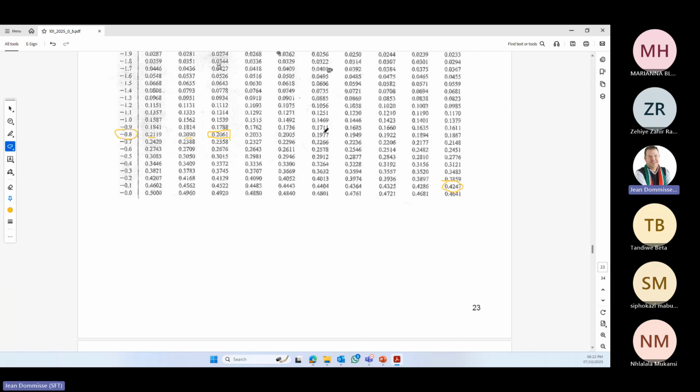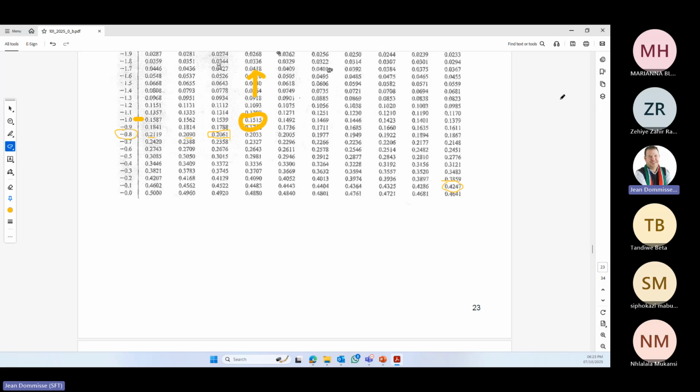So we need to go down, 1515. There's 1515. So it is minus 1.0.